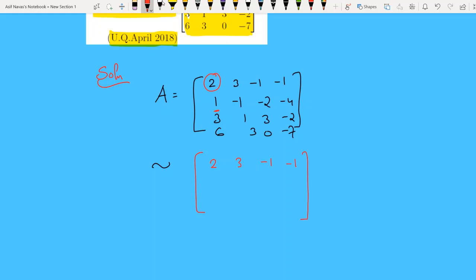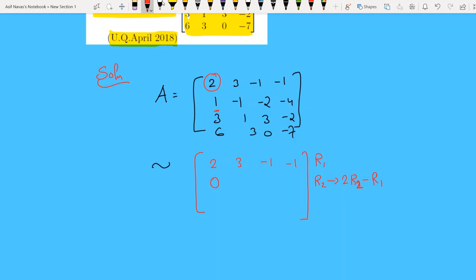Otherwise you can interchange the rows and make one. No problem. So this is R1. Now what row operation can you make? R2 implies 2R2 minus R1. So what you will get, this is 0.